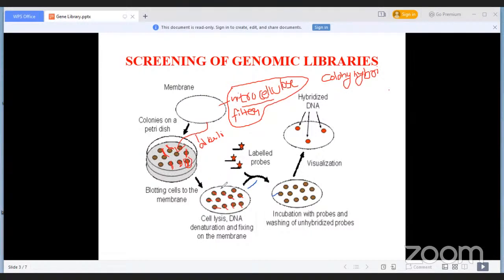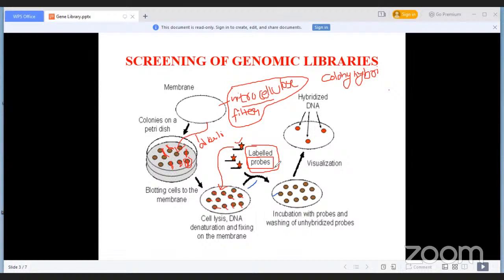Now the next step: add a labeled probe to the single stranded DNA. The probe here means the complementary strand of the desired gene.